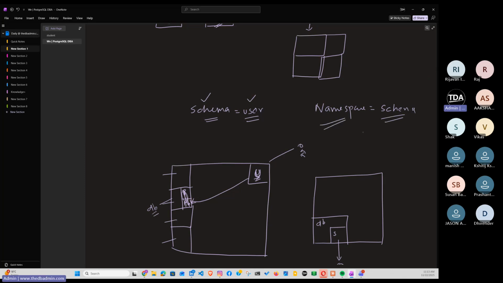Namespace in Postgre is also called a schema. Make sense, everyone? Is this good? Because I am going to give you some more references, and I want you to understand the basics of Postgre first, and then we can start our class for talking about all those things. Is this clear? At least schema, namespace, all those things.